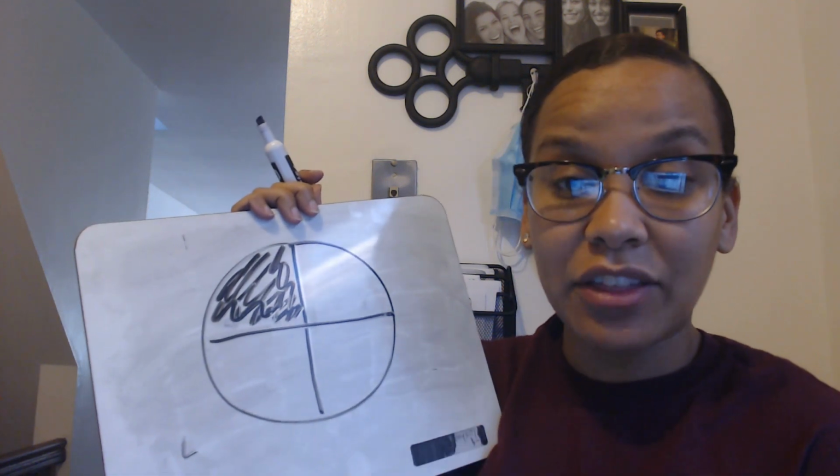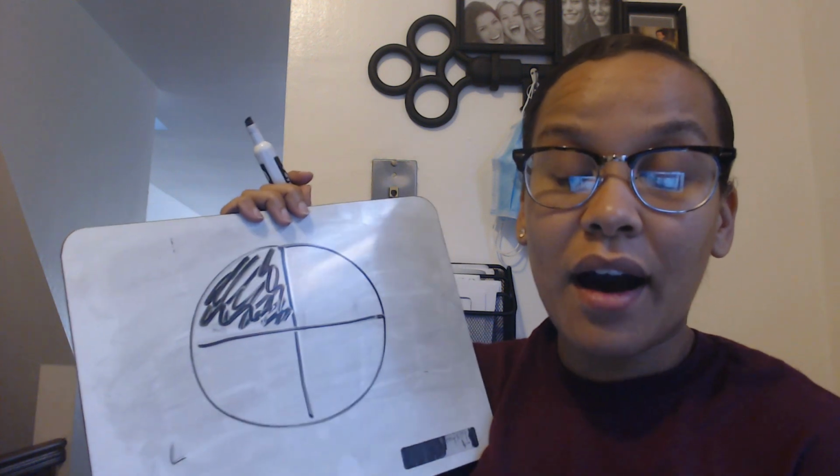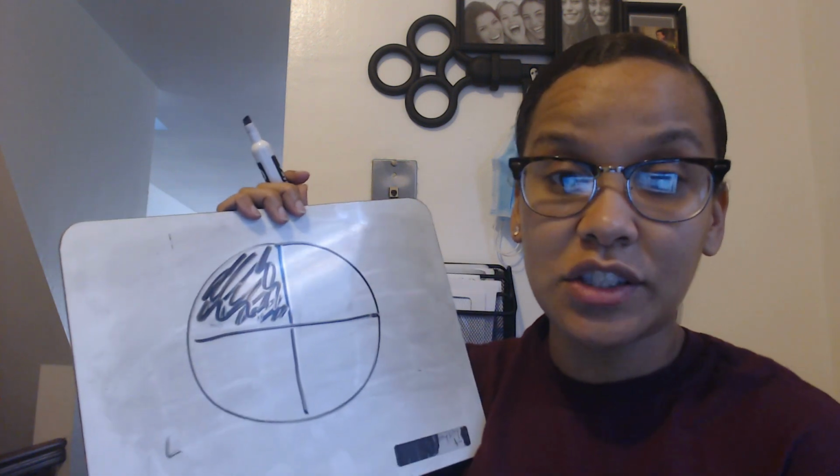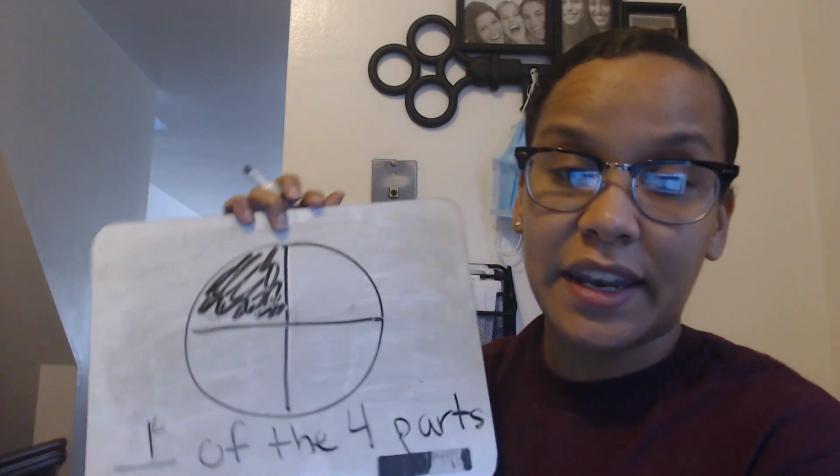So altogether, I would say 1 of the 4 parts are shaded in. So let me write that on the bottom. 1 of the 4 parts, and they're equal parts, we know that, are shaded in.